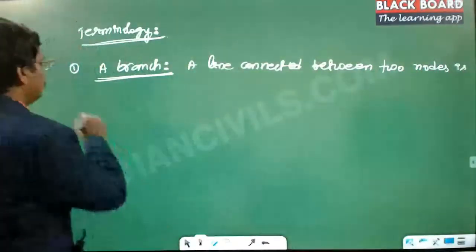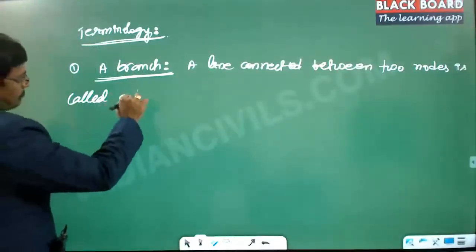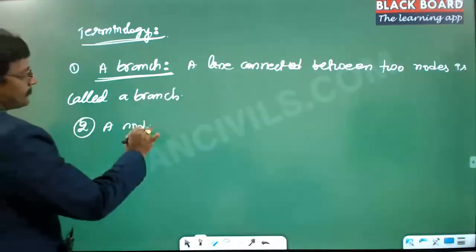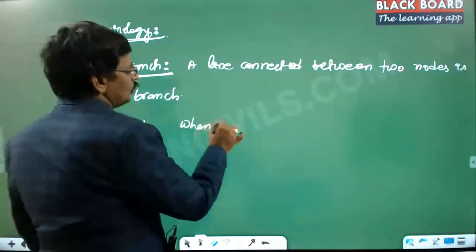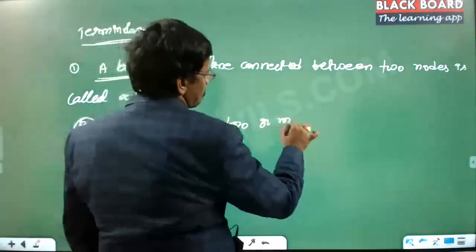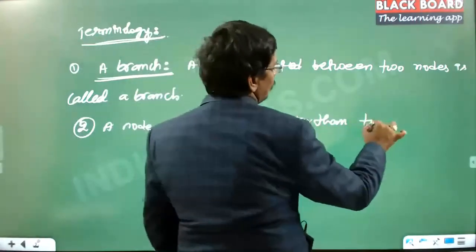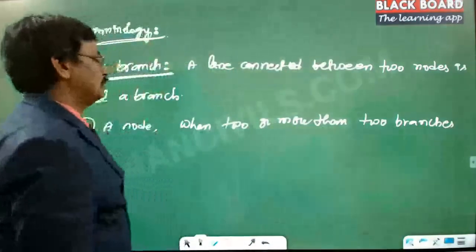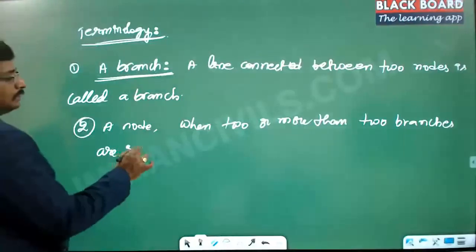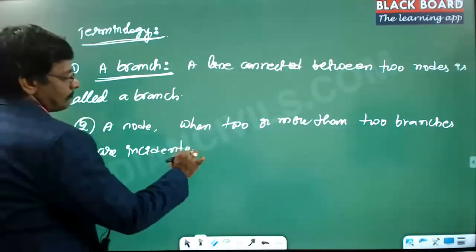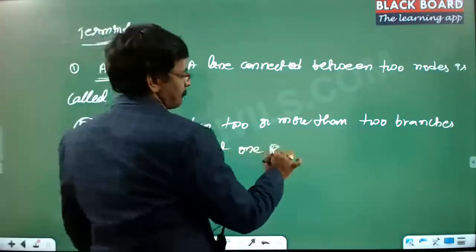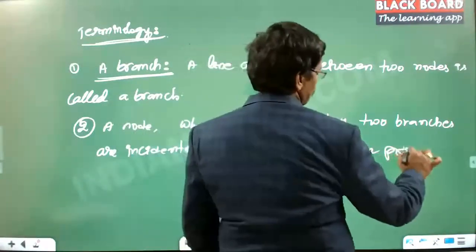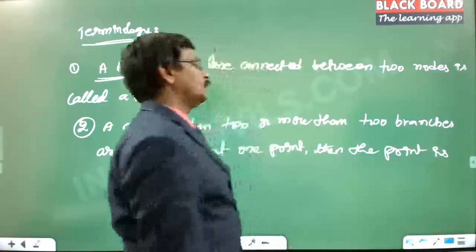And the second one is a node: when two or more branches are incident at one particular point, then the point is called a node.